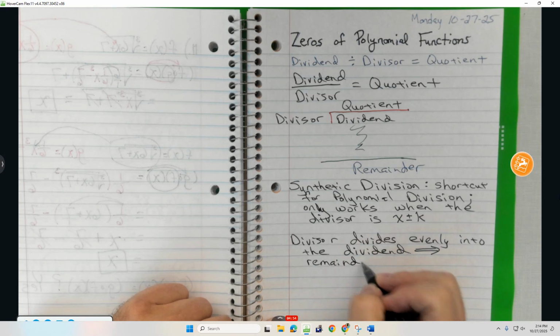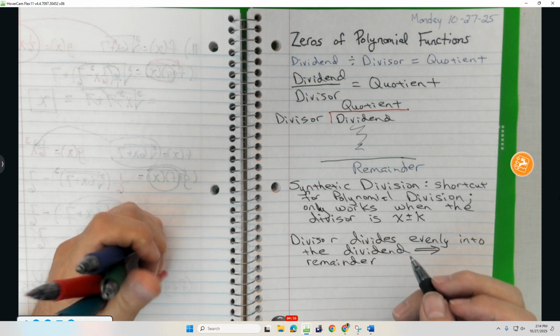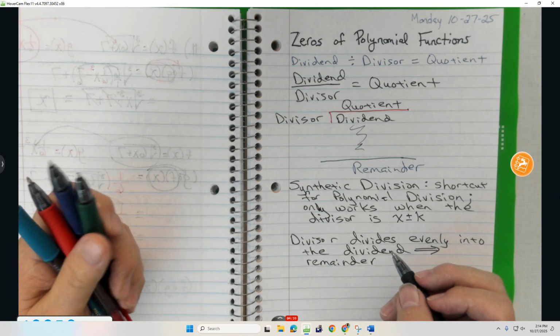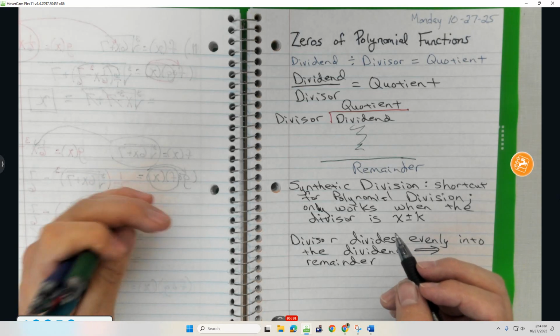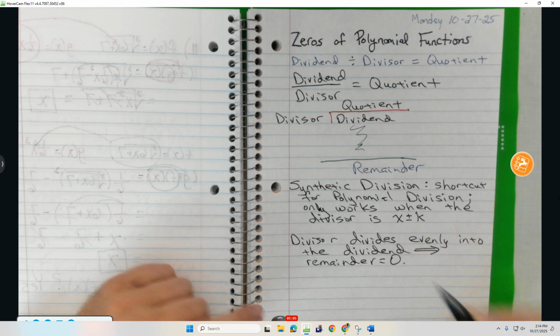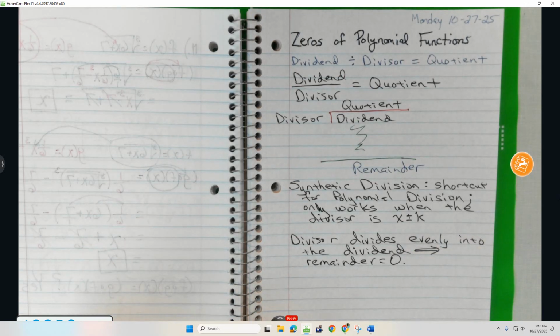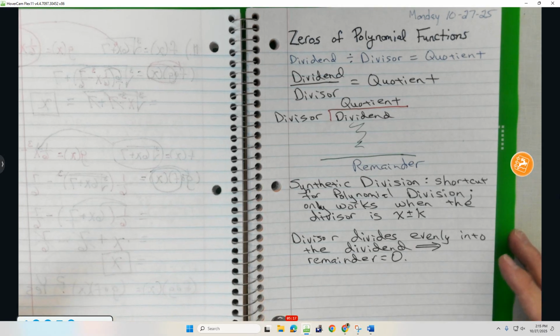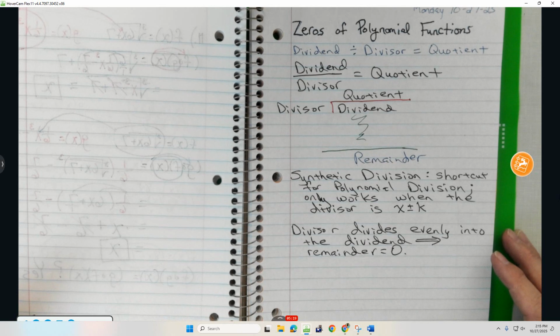For example, 2 divides evenly into 8, because 8 divided by 2 is 4 with a remainder of 0. So when I'm talking about something dividing evenly into something else, I'm just saying that the remainder is 0. And you're just studying a formal definition for terminology you used years ago when you learned to divide numbers.